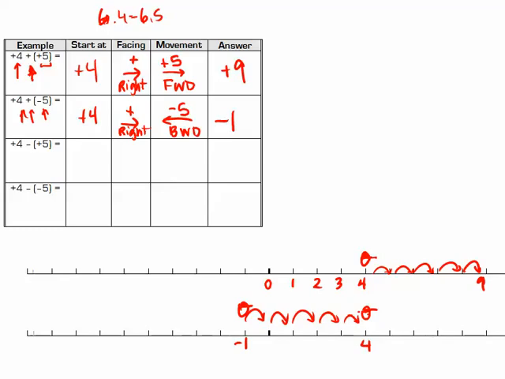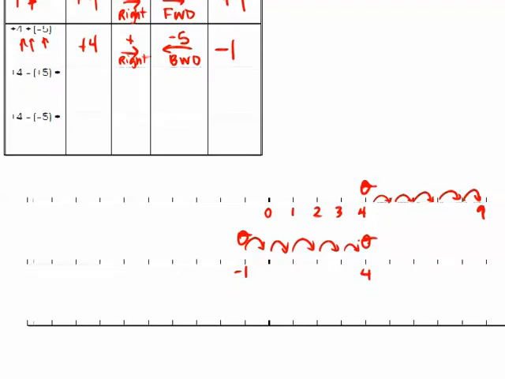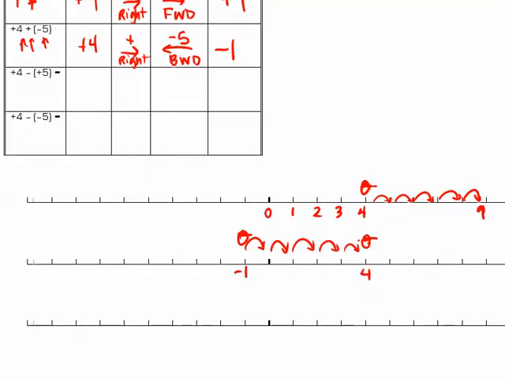Let's look at the next example, plus 4 minus positive 5. Try to predict where he'll be, what direction he'll be facing, and what direction he'll be moving. If we start again with the first number, he starts at positive 4. Great, I think we got that settled. Now we have a second sign. This second sign is subtraction, which means he wants to move to the left, because it's negative.